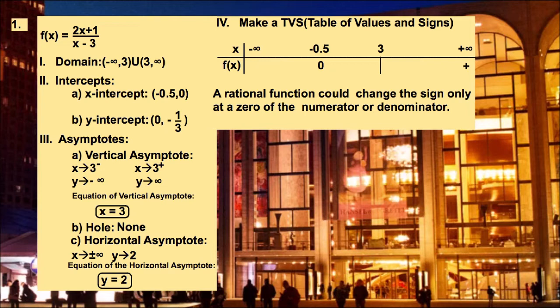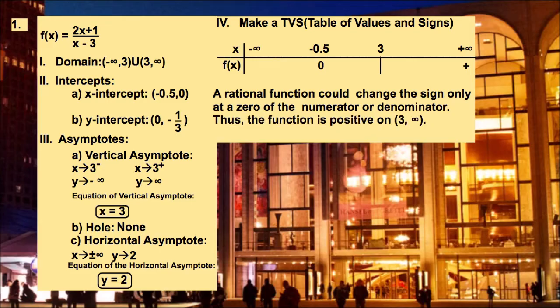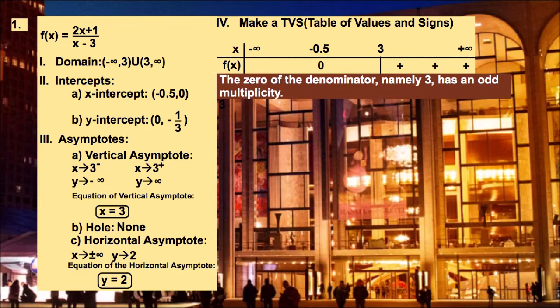A rational function could only change the sign at a zero of the numerator or denominator. Thus, the function is positive on open 3, infinity. The zero of the denominator, namely 3, has an odd multiplicity.